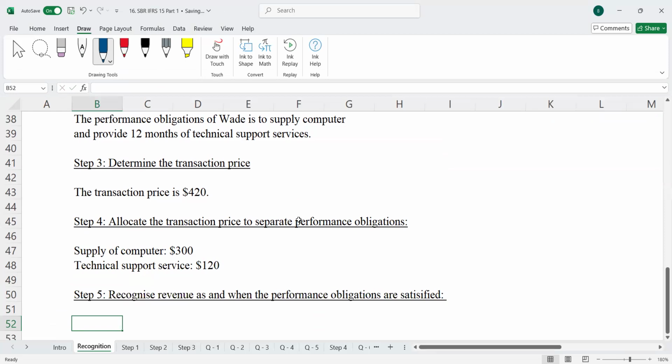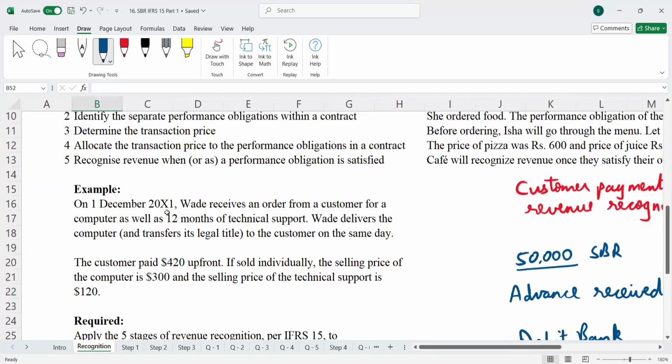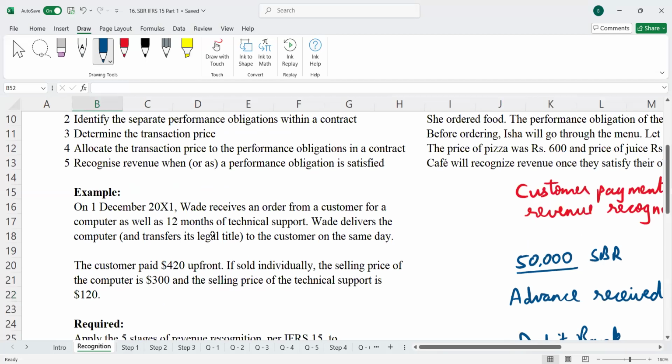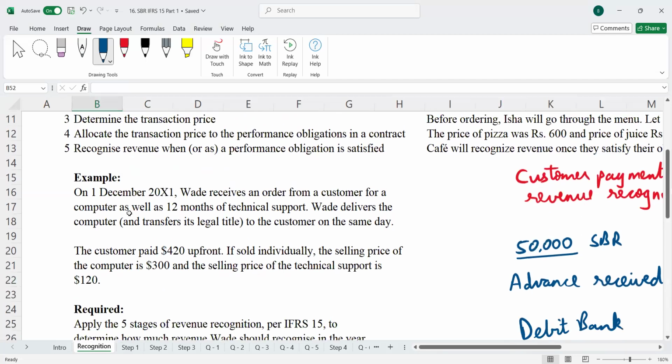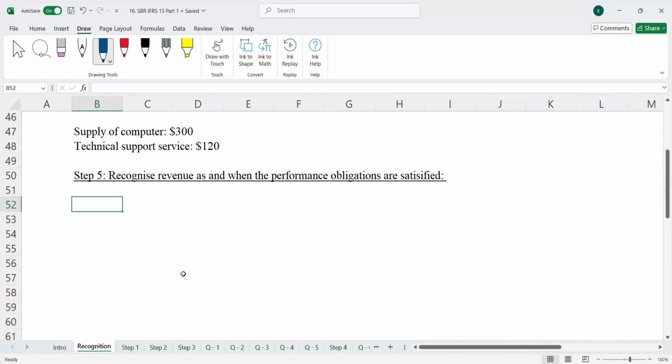Okay. Now see, here there are two performance obligations. First one is supply of computer, and second is the technical support service over a period of 12 months. Now Wade is supplying computer on 1st December only. So he has transferred the legal title of the computer on the same day. So can I say the performance obligation for the supply of computer is done, 300? Okay.